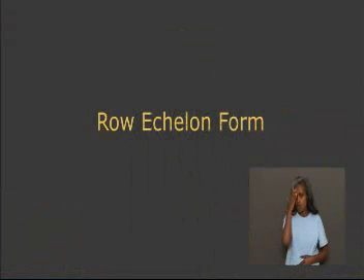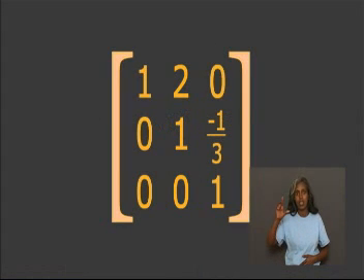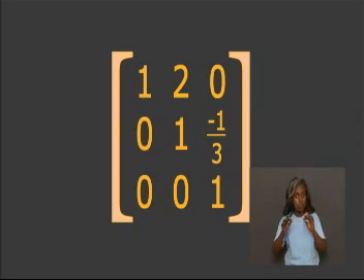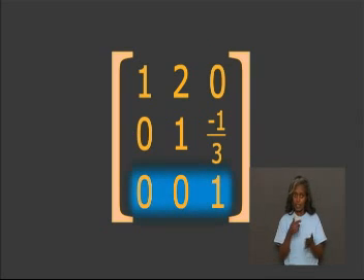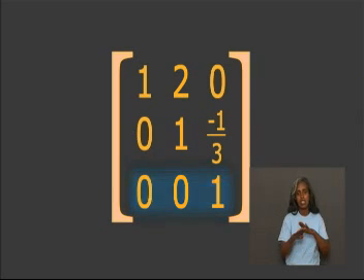Students, there are several definitions that are useful for you to know. The first is the phrase row echelon form. A matrix is considered to be in row echelon form if any of the following statements are true. If there is a 0 row, it comes at the bottom.